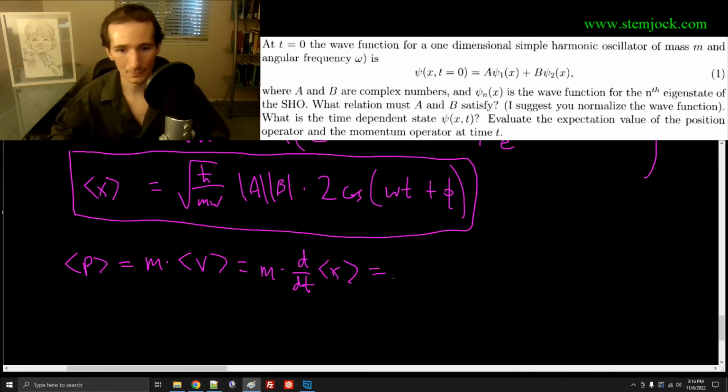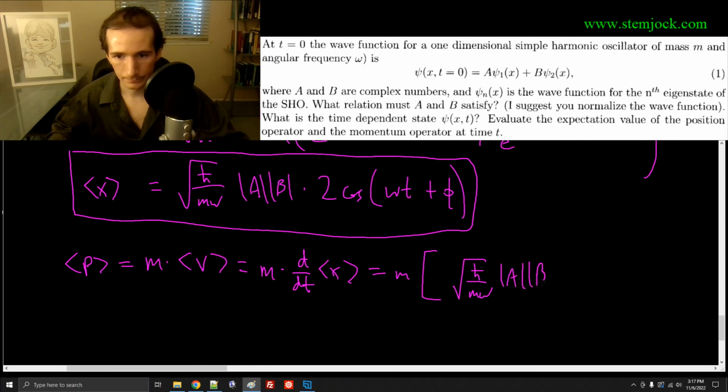Now this is m times, if I take the derivative of this, that's going to be square root h bar over m omega. So I'm going to have sine with a minus sign. And using the chain rule, I have to multiply by the derivative of what's inside with respect to t. That gives me an extra omega on the outside.